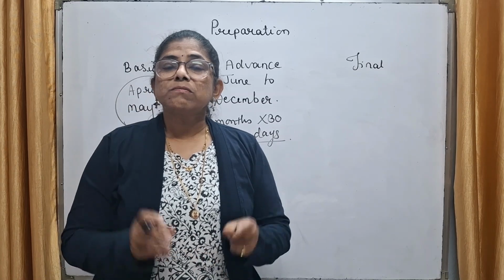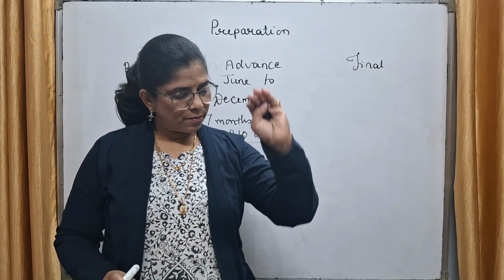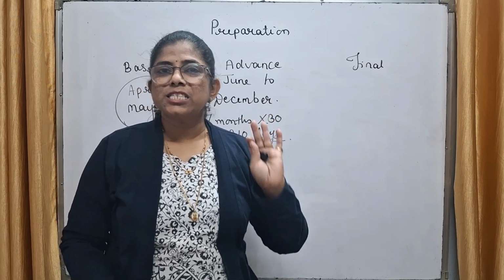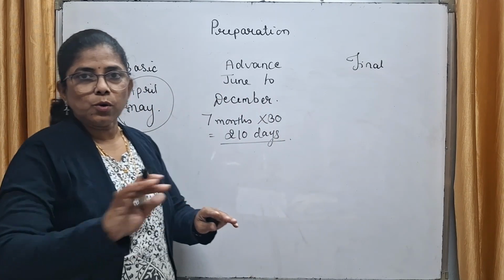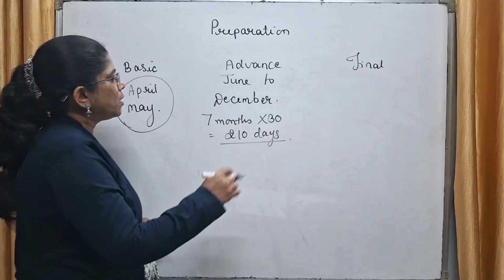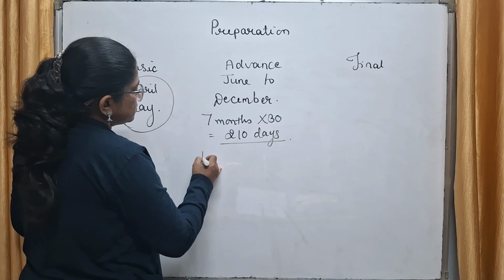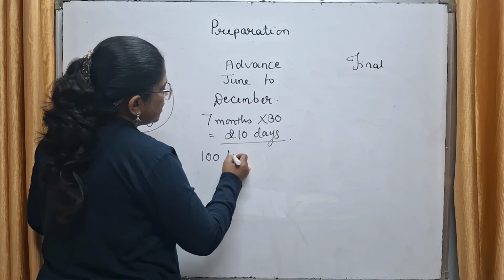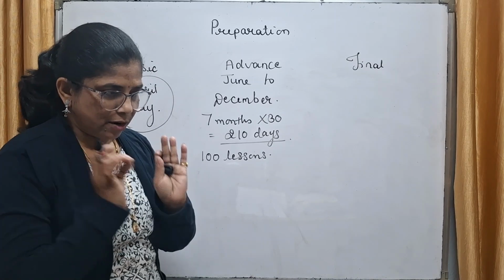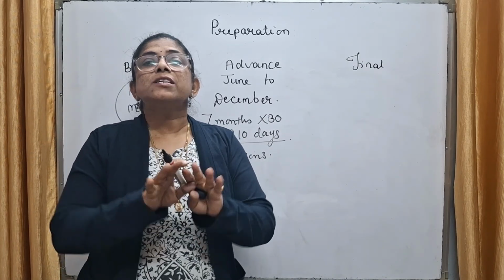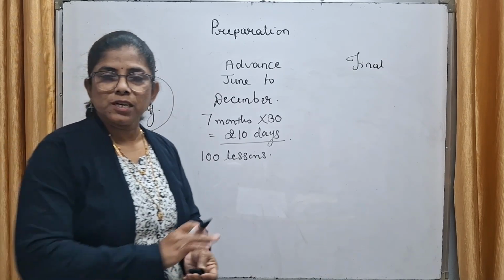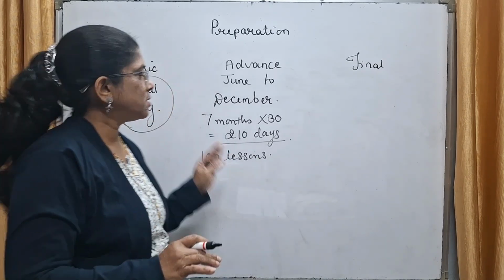Now what you have to do is check the number of lessons in each subject. Note them down and do the total. Let's say, for example, you have altogether 100 lessons, and you have to study these 100 lessons thoroughly in these 7 months.